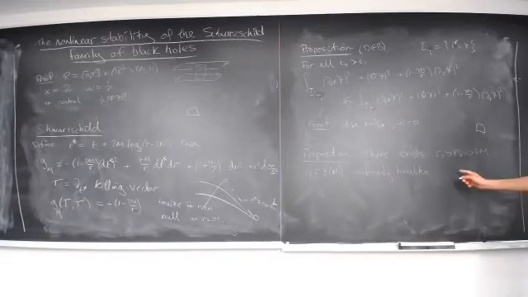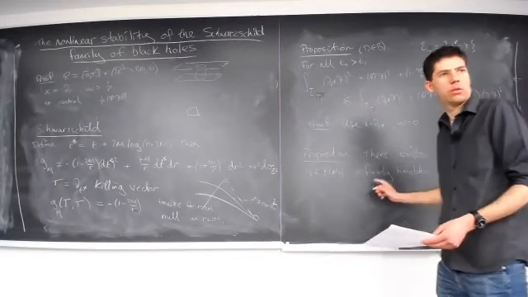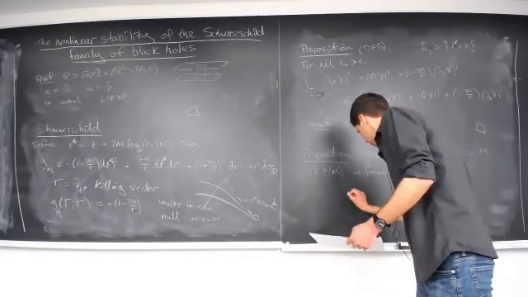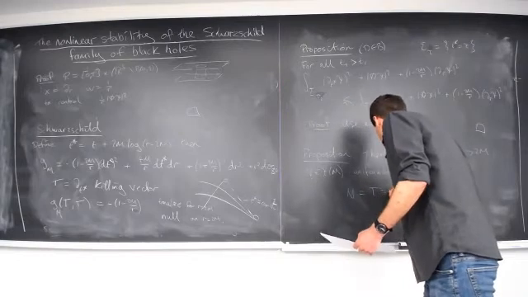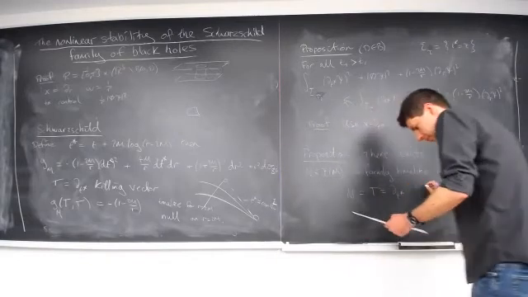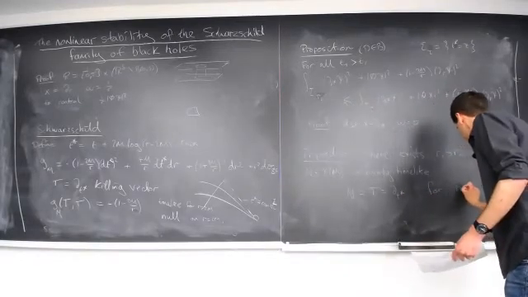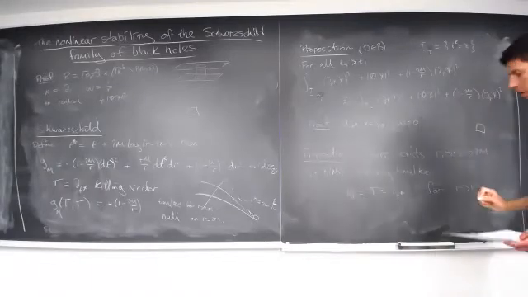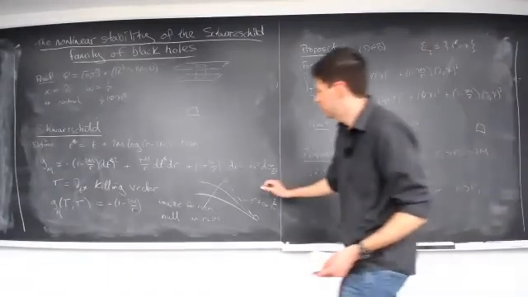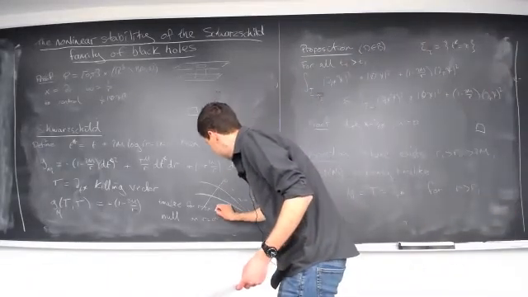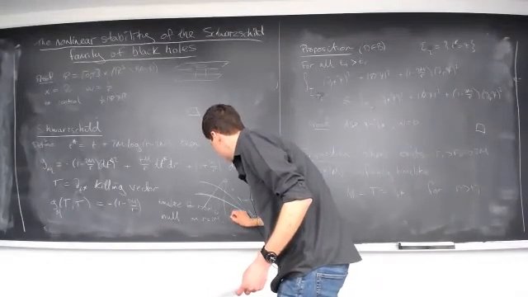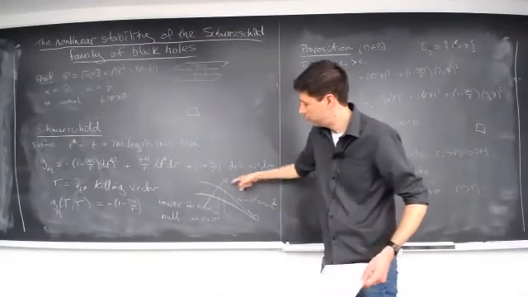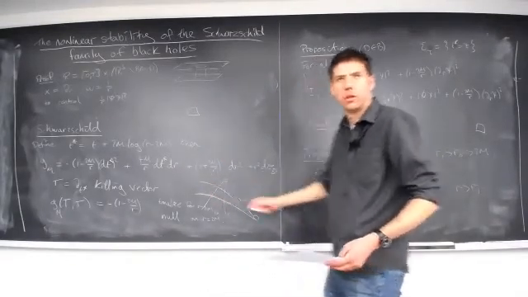So it looks like the Killing vector field when you're far away. So if this is R0, this is R1, it's equal to the Killing vector field away from the event horizon.